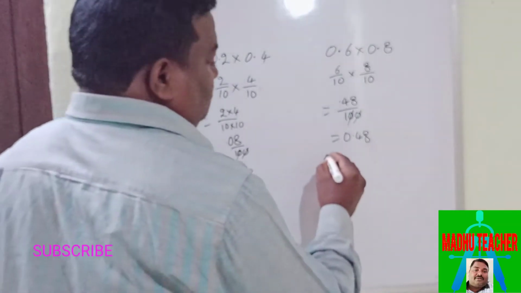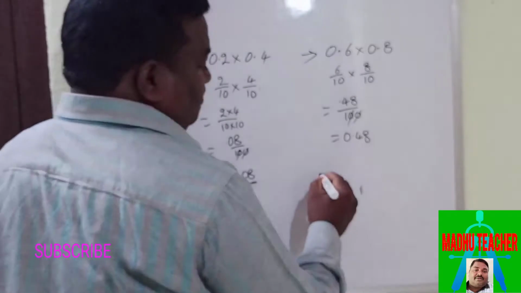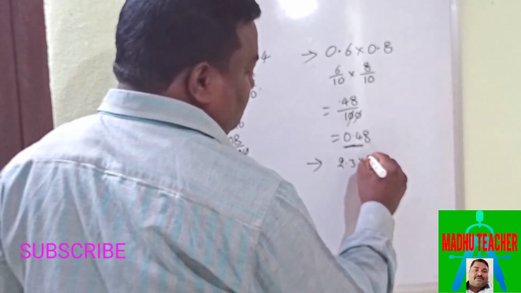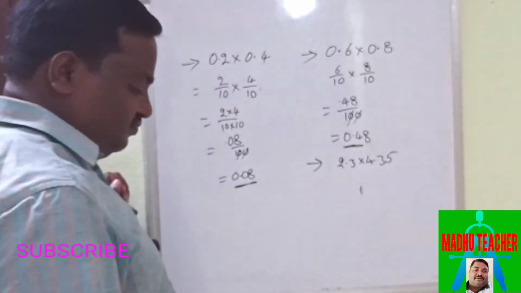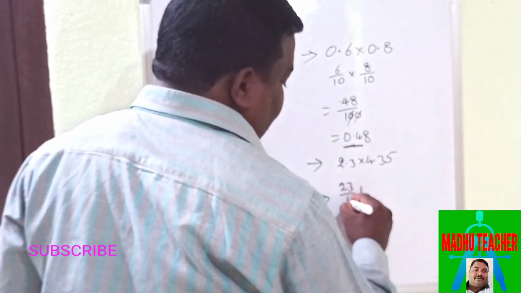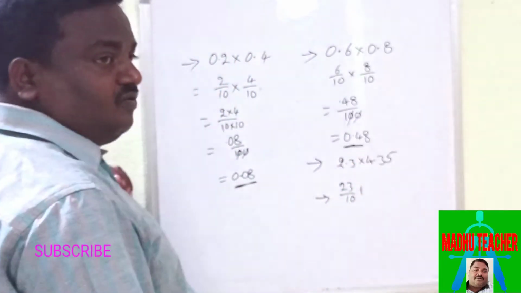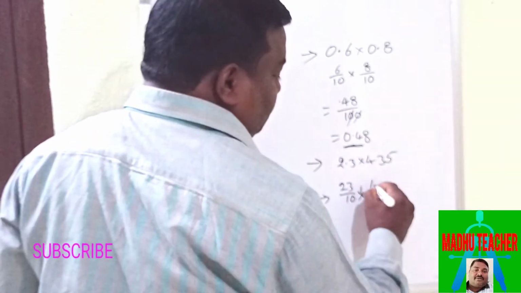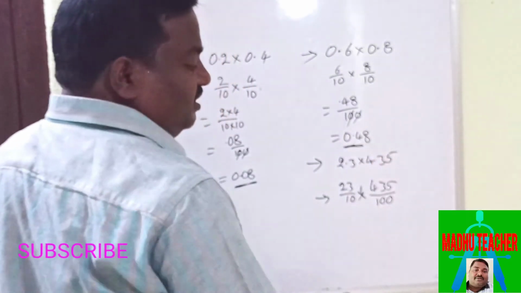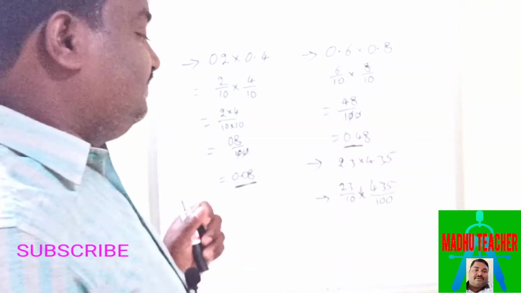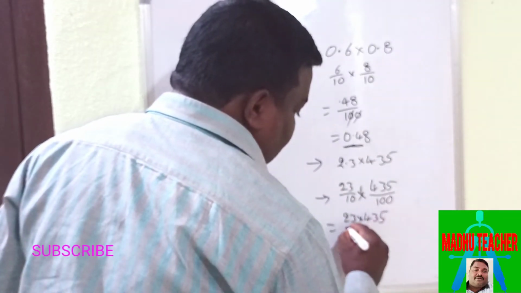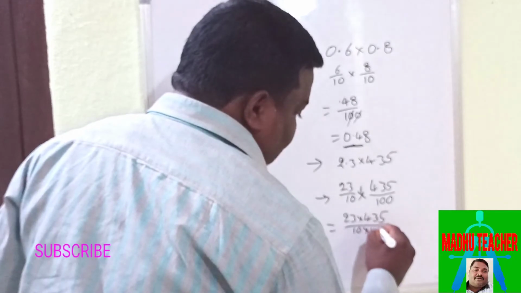Okay, suppose 2.3 into 4.35. So 2.3 is 23 by 10, because after the decimal point we have only one digit, into 435 by 100. After the decimal point we have two digits, that's why by 100. Now 23 into 435 by 10 into 100.